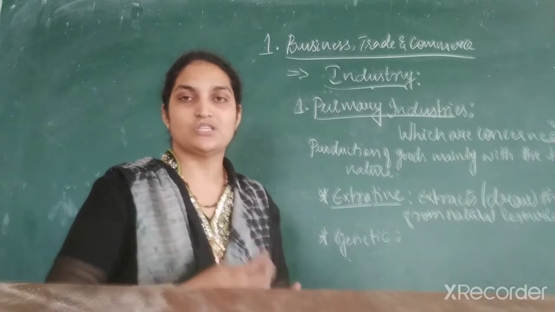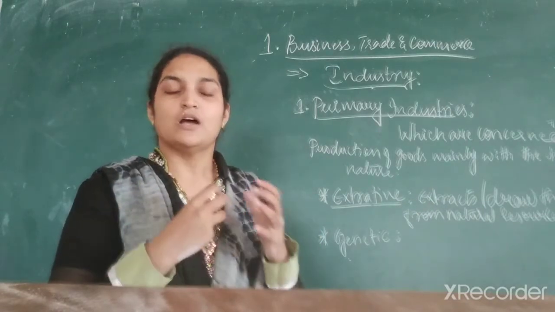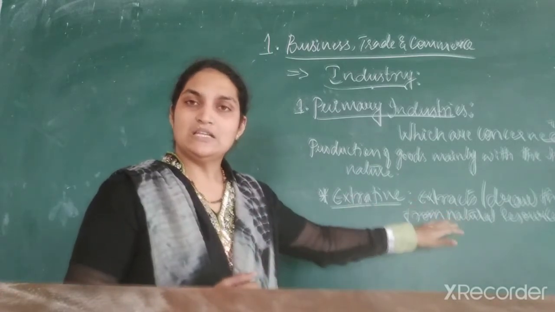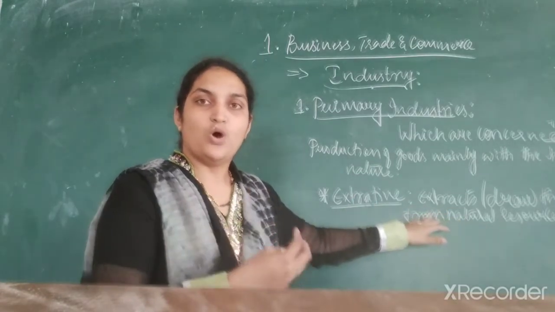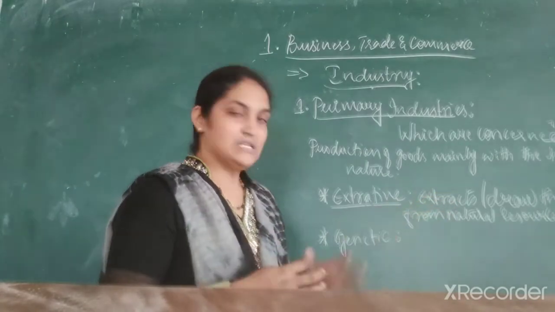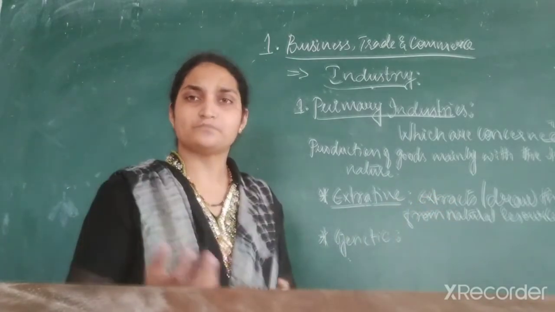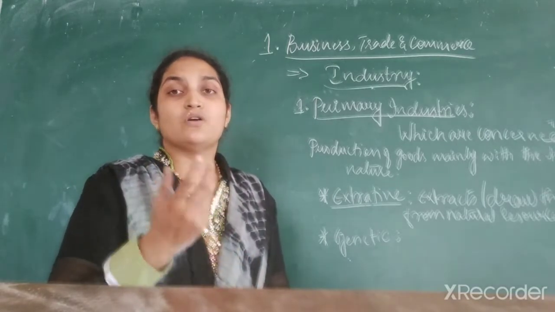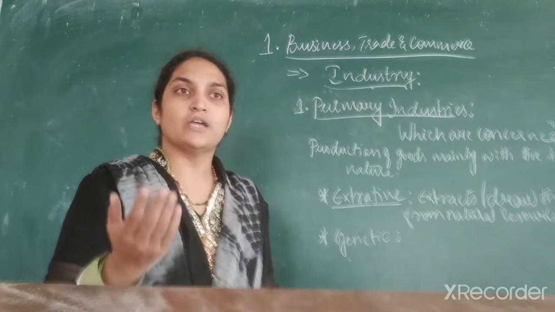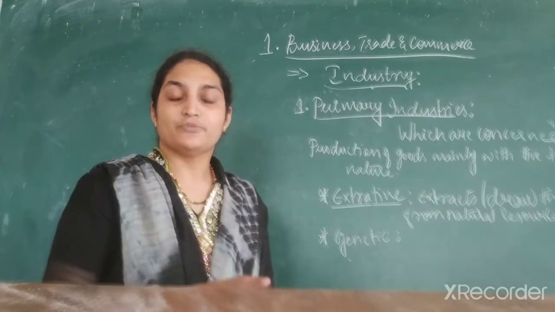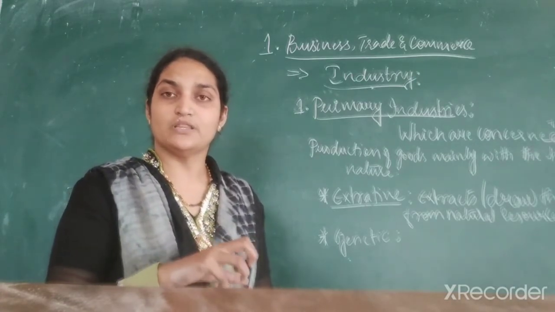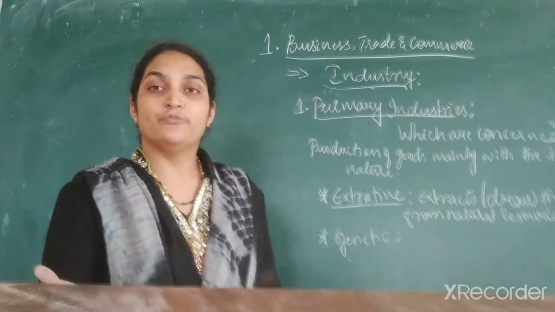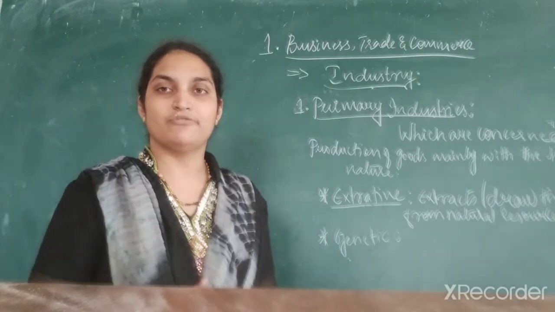From the natural resources we extract the products, which is called extractive industries. Whatever raw material you obtain from these industries is transformed for producing other goods and services. Usually, whatever raw material we have got here is further processed into other finished goods.